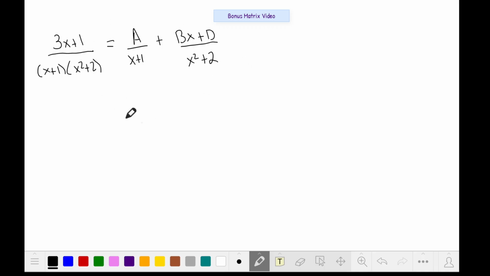Now, in the process of solving this equation, what we had to do was multiply both sides by this bottom factor, which was (x plus 1)(x squared plus 2).